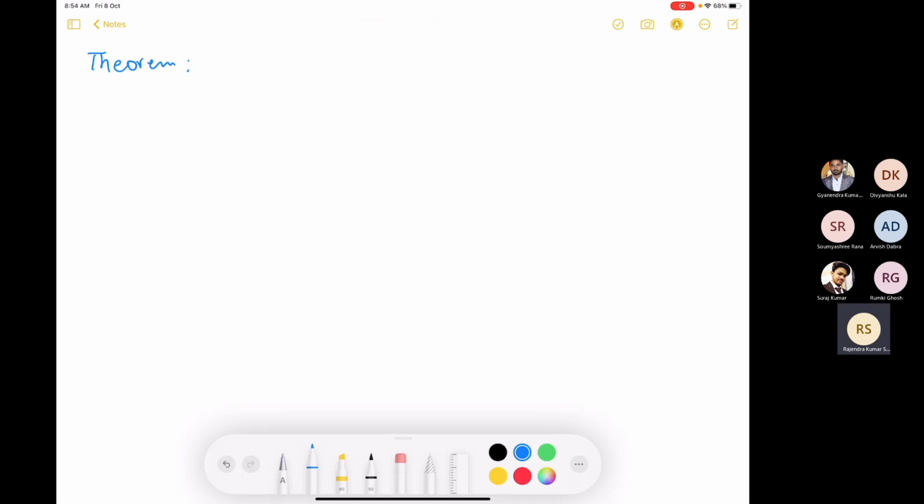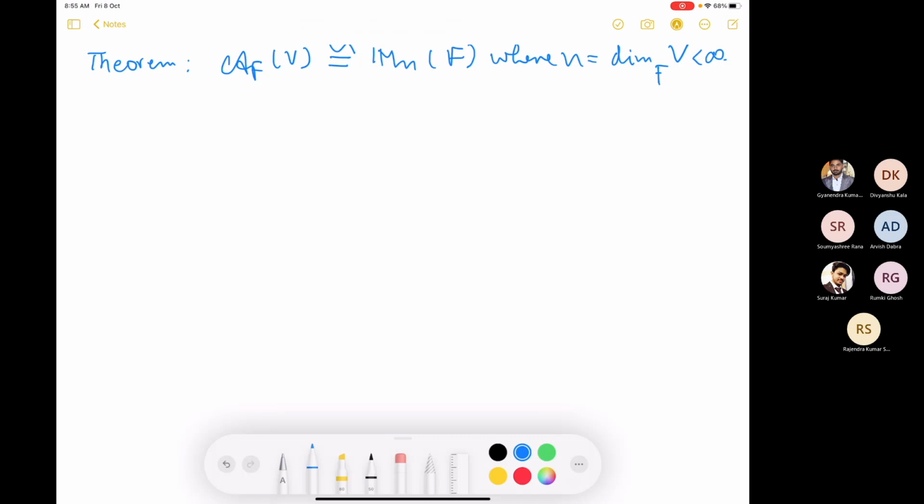So what this theorem says is that A(F,V) is isomorphic onto Mn(F), where n is the dimension of V over F and is finite.